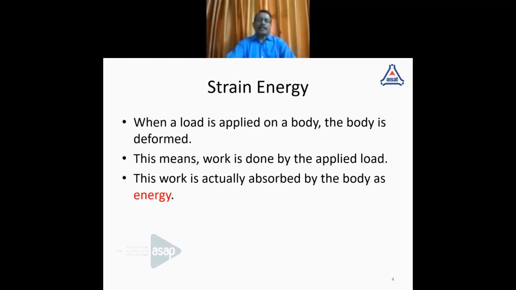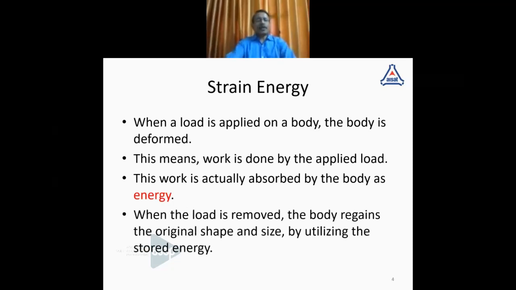And this energy will be released when the load is removed, that is, when the body is deformed elastically. During the range of elastic deformation, this is completely recovered when the load is removed. And this energy is called strain energy.